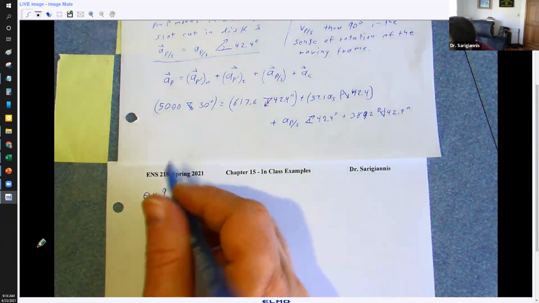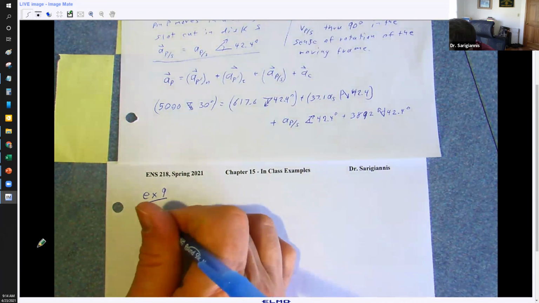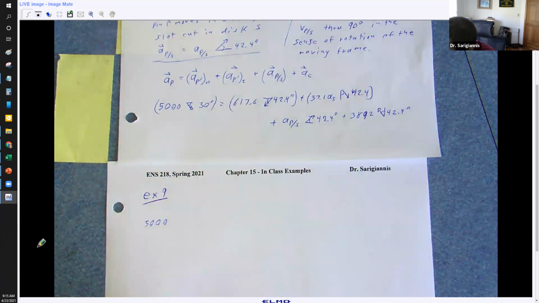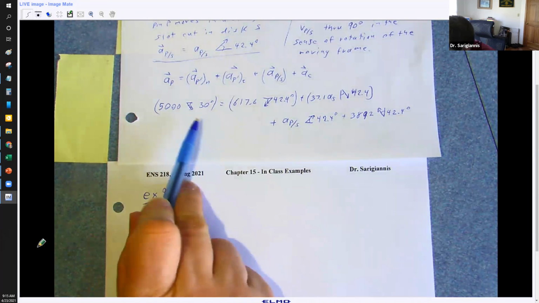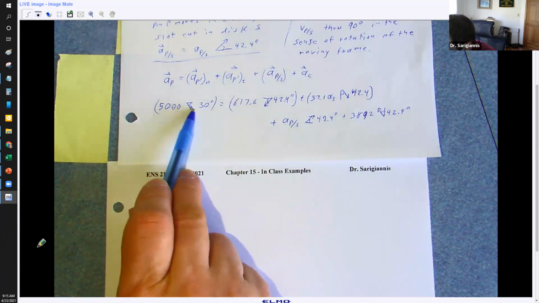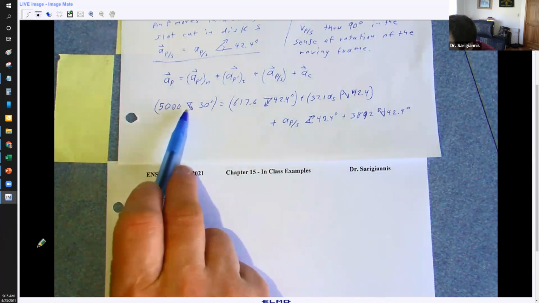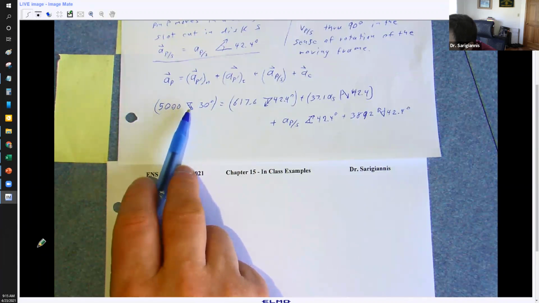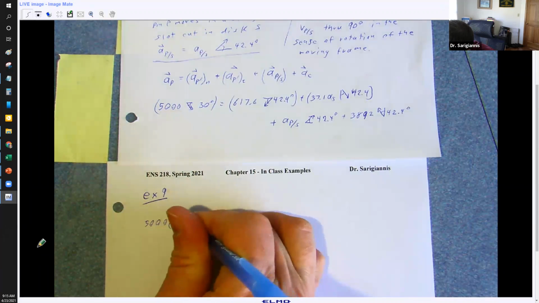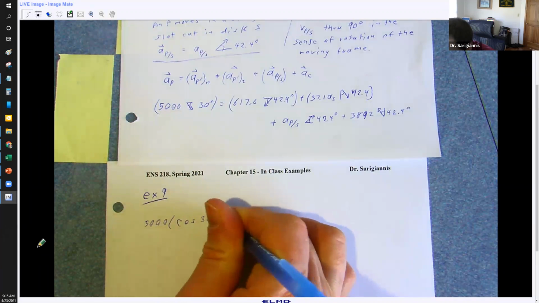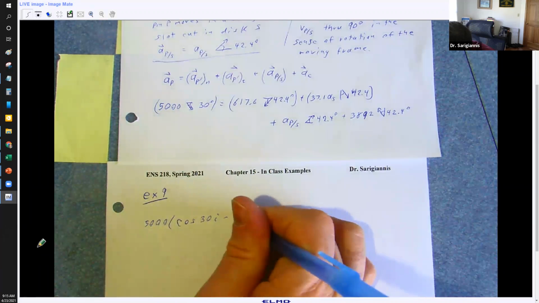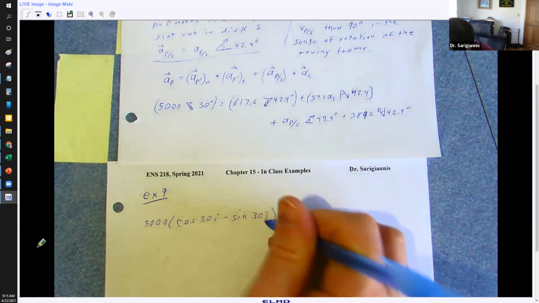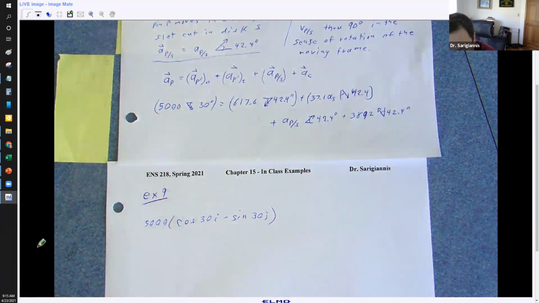So we've got 5,000 angle 30. This is going to be 5,000 times, so notice this angle, right? It's pointing down in the negative direction. So we've got cosine 30 for I and negative sine 30 for J. Let's write cosine 30 I minus sine 30 J. Maybe I should distribute it, I don't know.